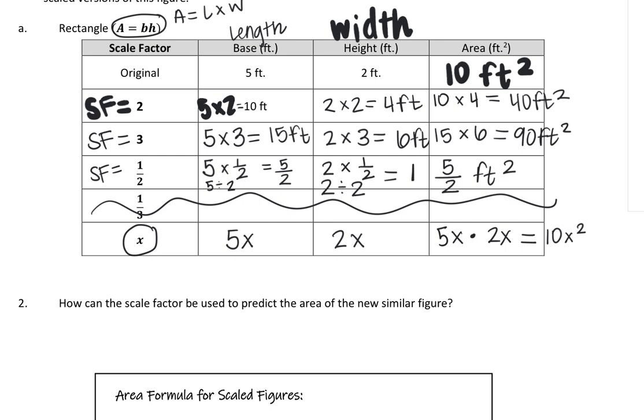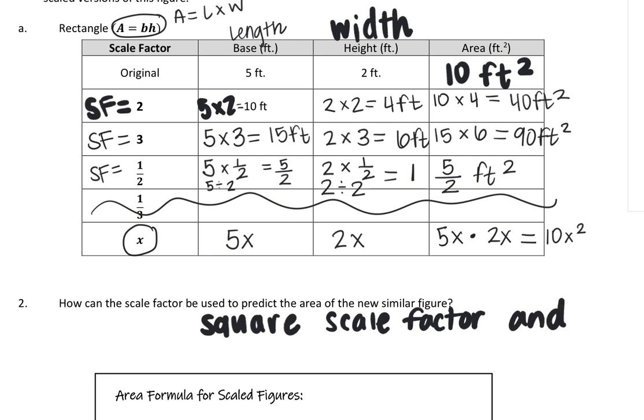Okay? So, how can the scale factor be used to predict the area of the new similar figure? You're going to square the scale factor and multiply by the original area.